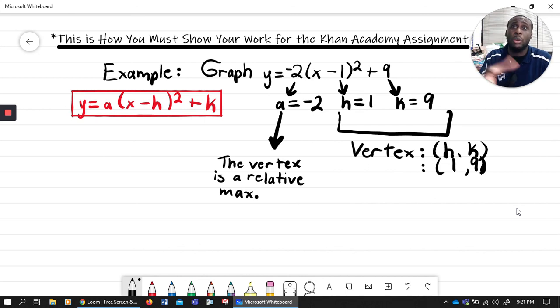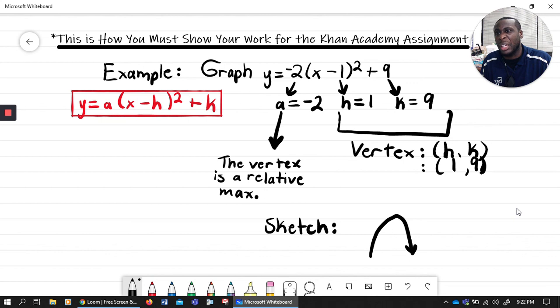This is for the work that you're showing to me on a separate sheet of paper for those Khan Academy assignments. Just do a little sketch of what this graph is going to look like. It doesn't have to be anything. You don't have to actually put a coordinate plane on the work that you're showing me, but just do a little sketch.